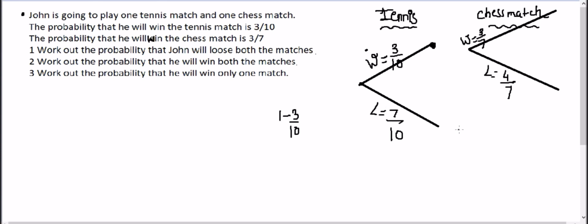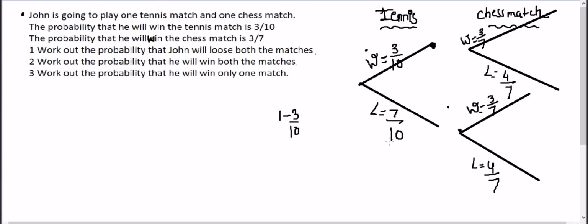Again, if he loses the tennis match, there are again two possibilities for the chess match: the probability of winning is 3 by 7 and losing is 4 by 7. So that's how we complete this tree diagram.